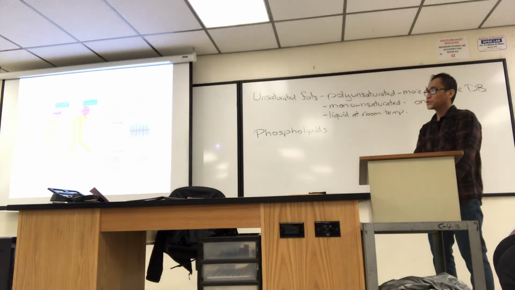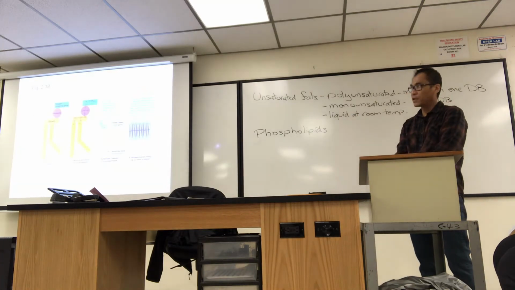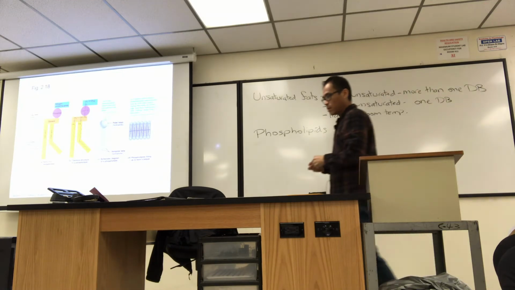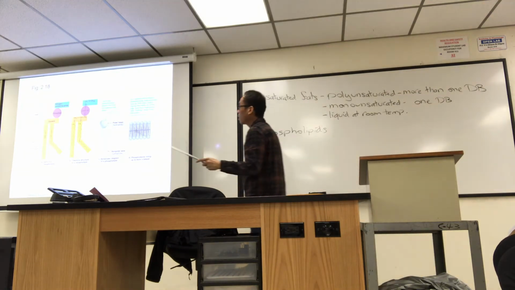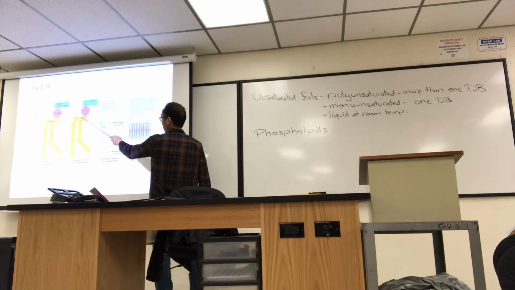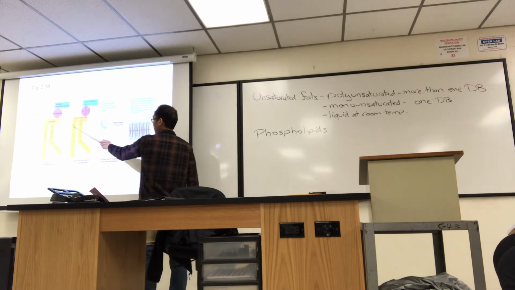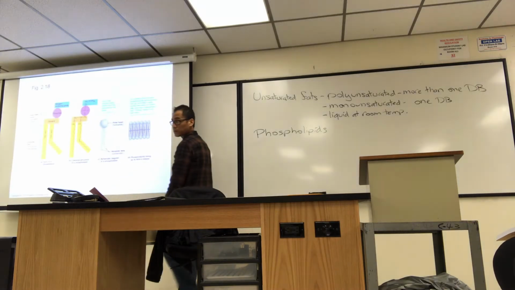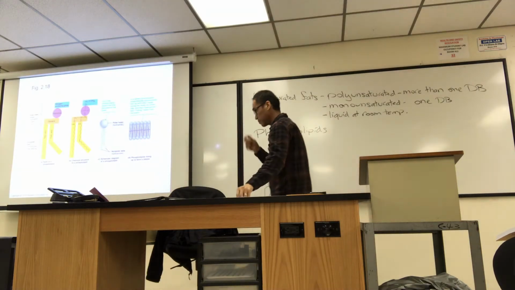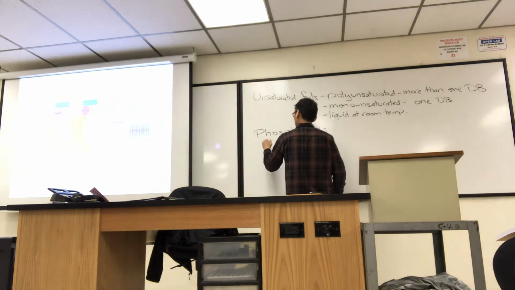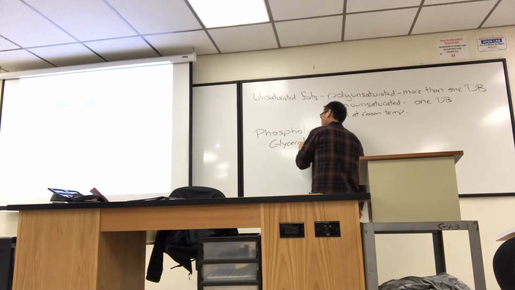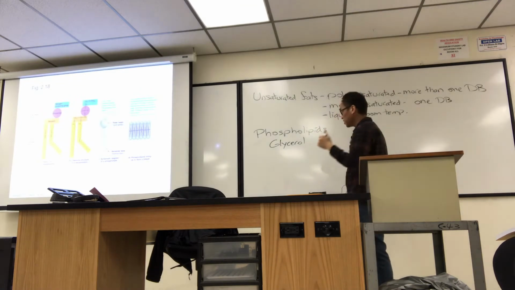So you can look at the picture for the structure, but if you look at the left there, there's also a 3-carbon glycerol structure right there. And you have the 2 fatty acids at these 2 positions. In this position here, you have a phosphate group, so that's the difference. So you have glycerol. You have two fatty acid chains.